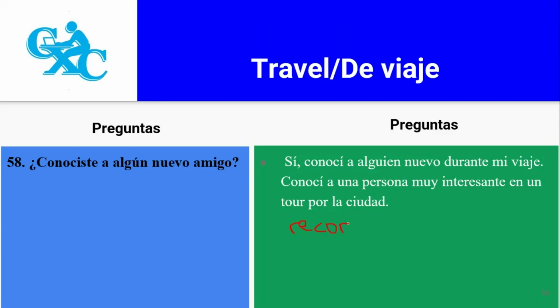I'm trying. Oh my God. My penmanship is so bad. Here we go. It's O, okay, guys? This is an O. And here goes an I. All right. Yeah. So, en un tour o recorrido. All right. Excelente. Okay.